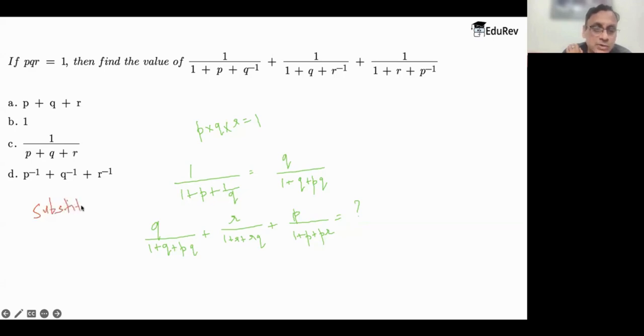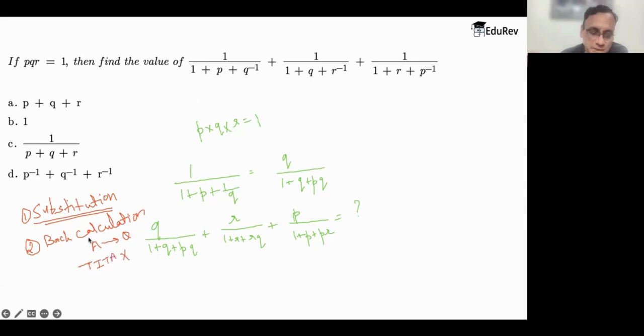Can I substitute some values and find out the answer? First. Second method is back calculation. Back calculation means, can I fit the answers given and see which one fits the equation? So back calculation is from answer to the question, from the answer choices to the question. Obviously, this you can't do in your theta questions.